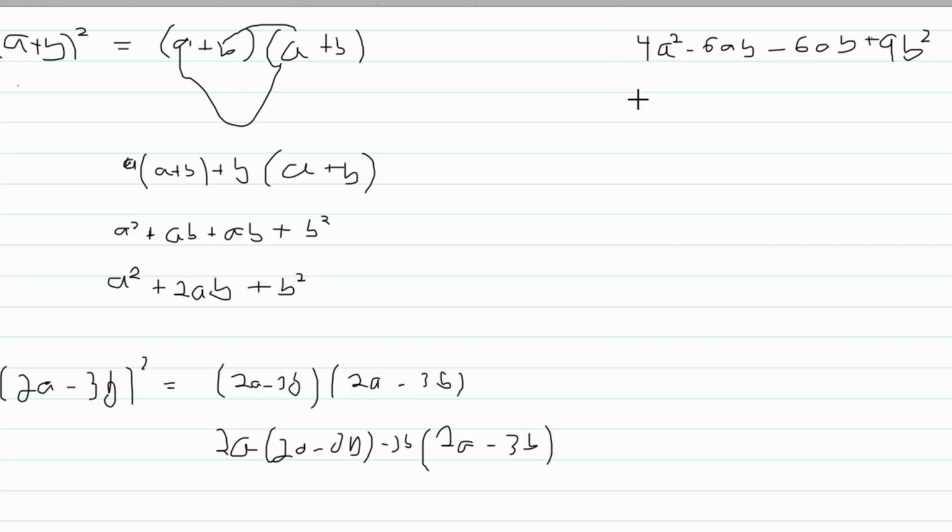Before that, we will write our 4a squared, which is already there. So 4a squared. Then minus 6 minus 6 gives us negative 12, so minus 12ab. Then plus the 9b squared over here. Plus 9b squared. And that is the solution to this particular question.